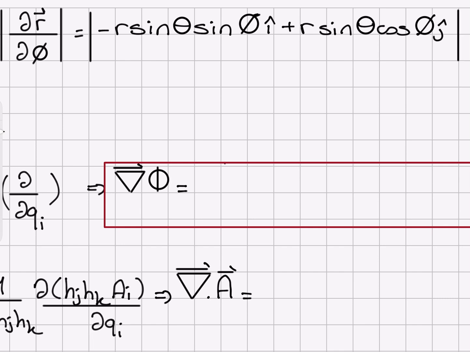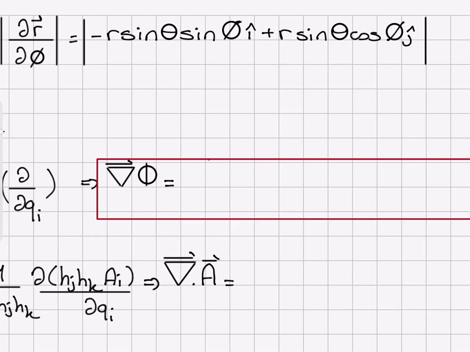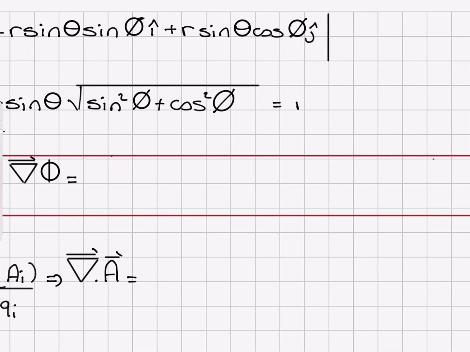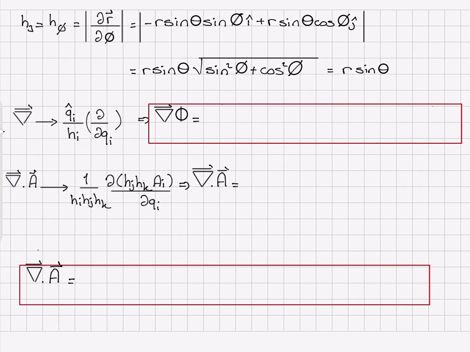Because r sine theta is common to all the terms here, it will give me r sine theta times the square root of sine square phi plus cosine square phi, which is 1. Therefore, the answer is r sine theta for this scale factor.